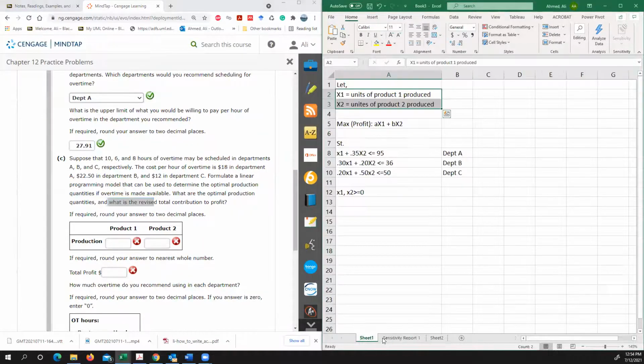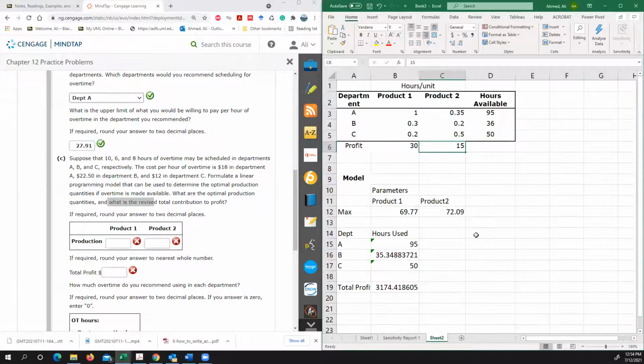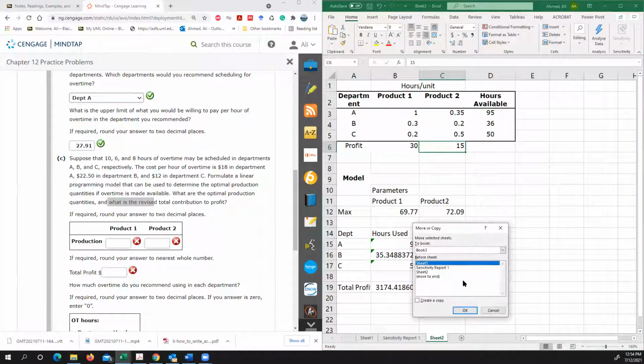All right. So this is our original model. What we have to do is include the overtime in this one. I will leave this one as is and make a duplicate copy of it. Make a copy.